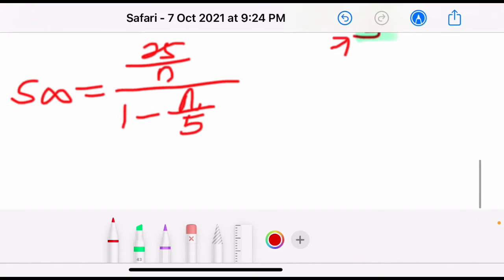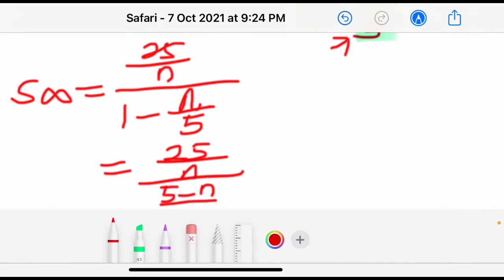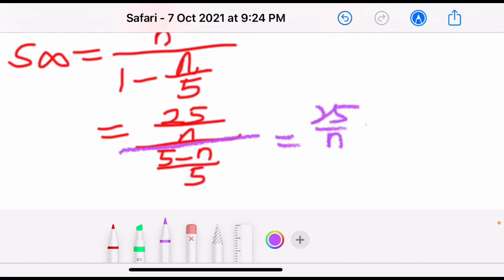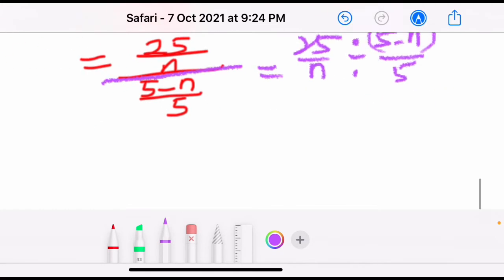Let's see, we can simplify. This one we write as 5 minus n over 5. If you see the fraction is very confusing, you just convert it to division, meaning 25 over n divided by 5 minus n over 5. Then we invert it.